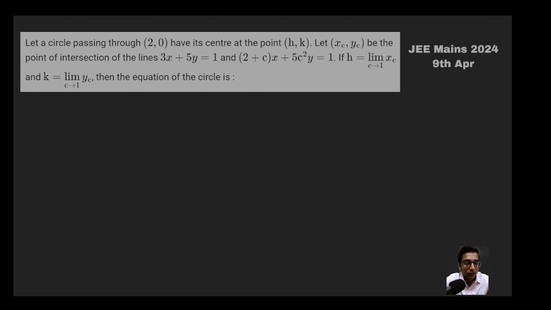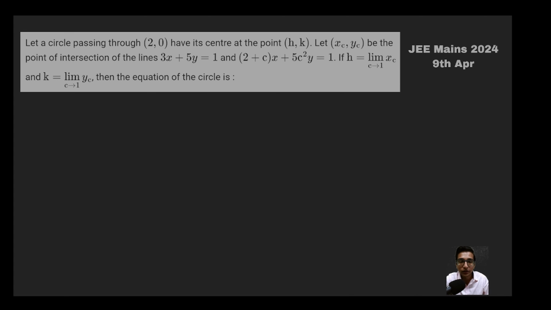In this question, they have told us, let a circle passing through 2, 0 have its center at the point h, k. Let xc, yc be the point of intersection of the lines this and this. If h is limit c tending to 1 xc and k is limit c tending to 1 yc, then the equation of the circle is.